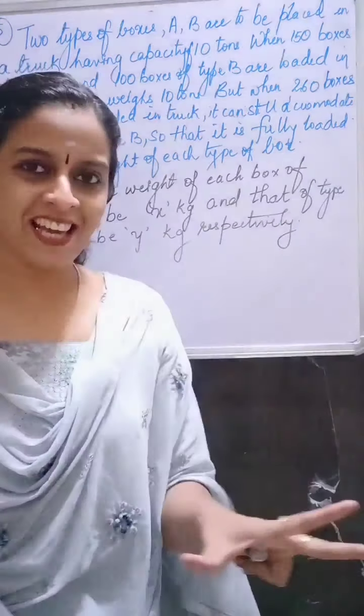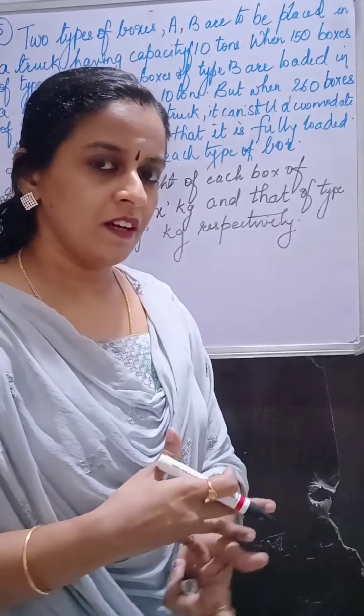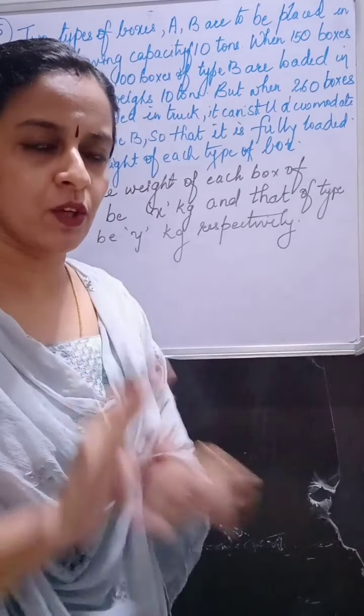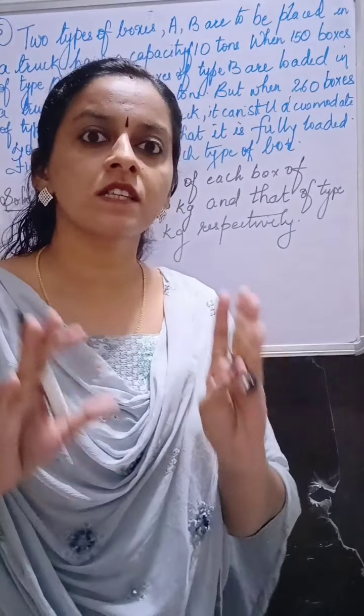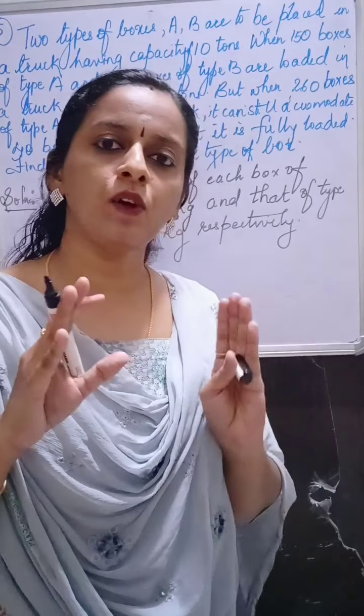It's very easy, children. Don't look at the size of the sum and decide that it will be complicated. The only thing you keep in mind is the truck's total capacity is 10 ton. 10 ton the truck can hold.